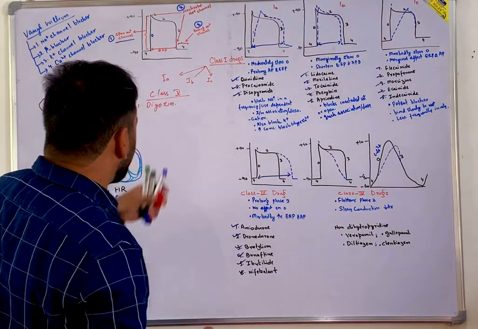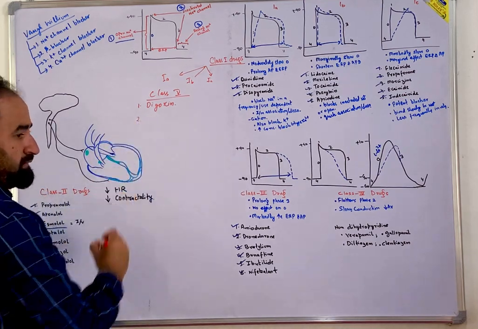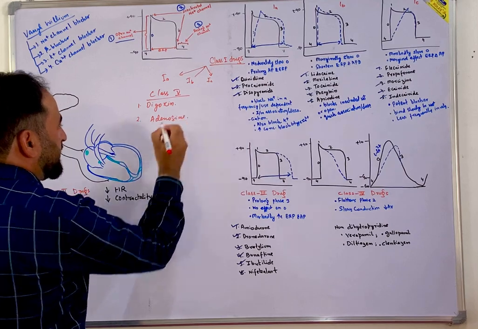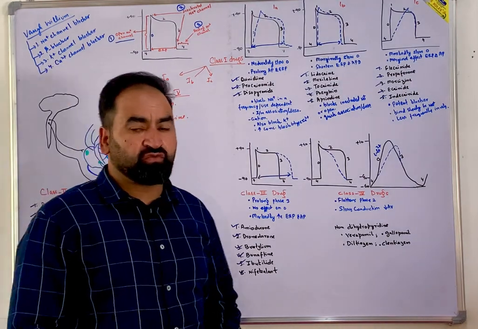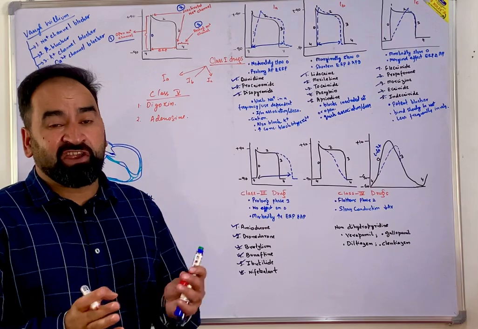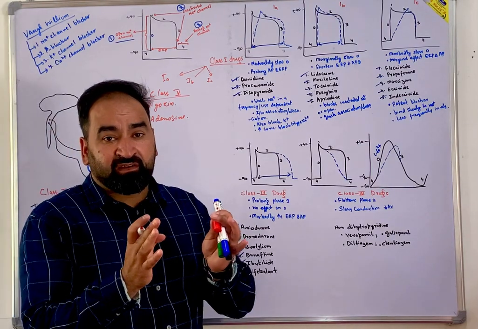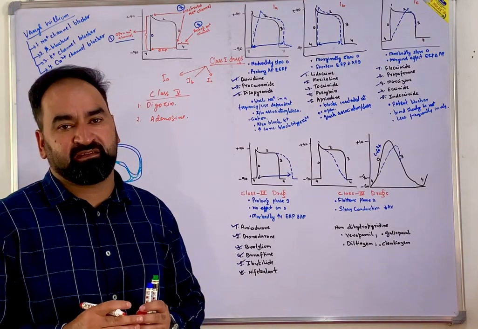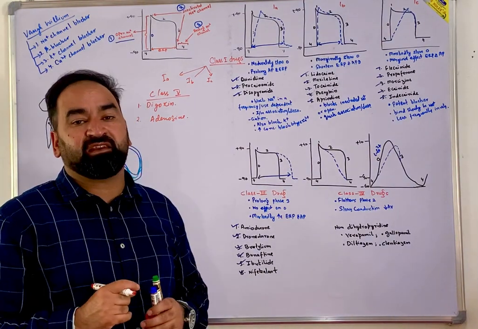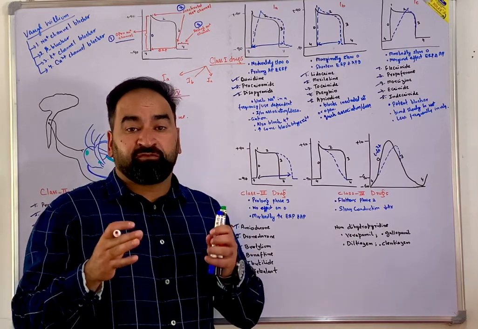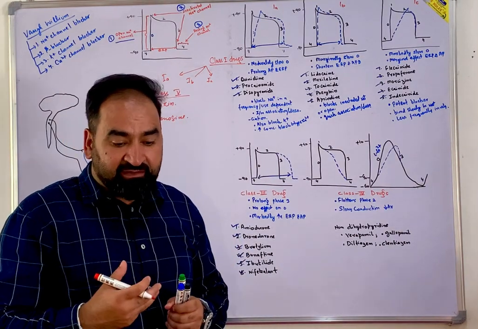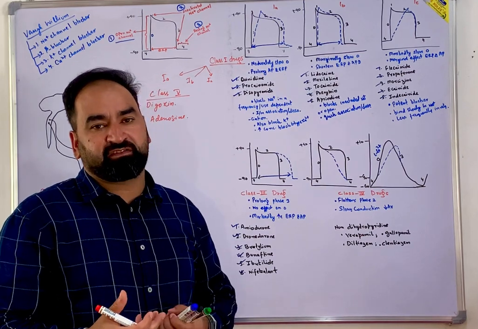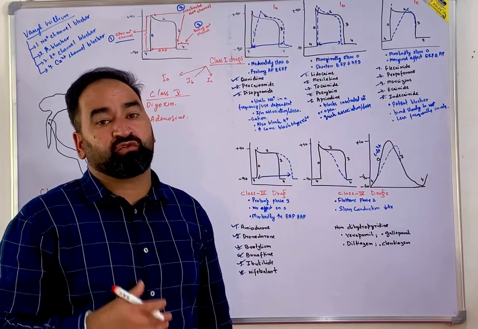Now number two is adenosine. What is adenosine going to do? It is going to increase the efflux of potassium from the cell. If there is an increase in potassium efflux, the cell requires more ions to stimulate it to reach the threshold.